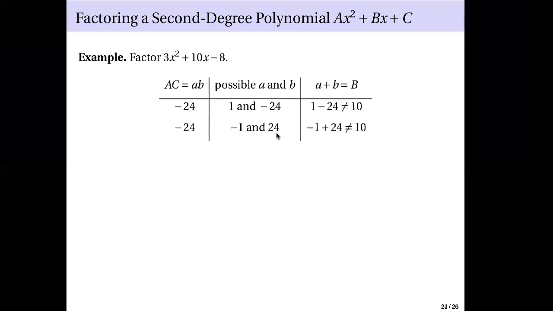Another pair is negative 1 times 24, and negative 1 plus 24 is not equal to 10. Next pair: minus 24 is equal to 2 times negative 12. But 2 minus 12 is not equal to 10, so this is not the pair that we need.